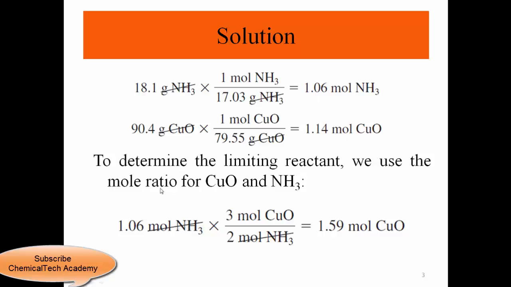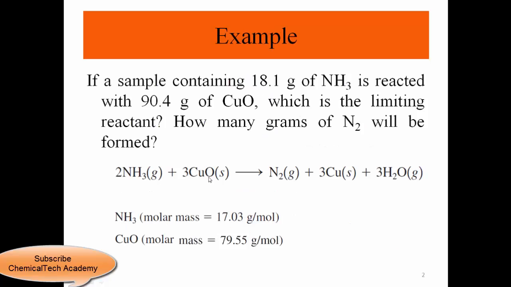So we write one of them, 1.06 moles NH3, and then we see that the molar ratio of CuO and NH3 is 3 and 2. So it means that these are stoichiometrically equivalent.